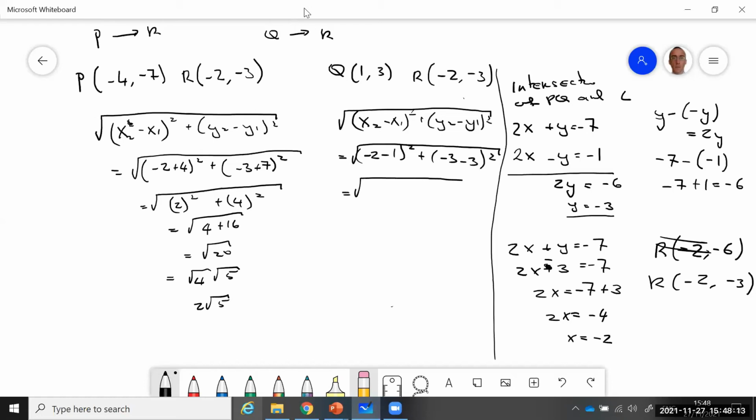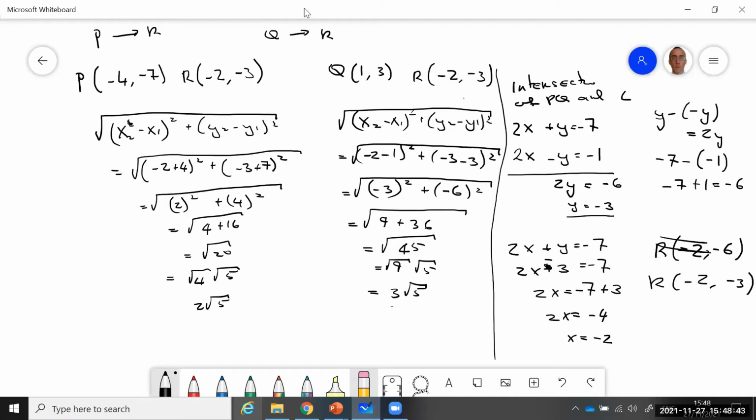So -2 minus 1 all squared is -3, plus -3 minus 3, which is -6, all squared. That equals 9 plus 36, which equals the square root of 45, which equals the square root of 9 times the square root of 5. That equals 3 times the square root of 5.